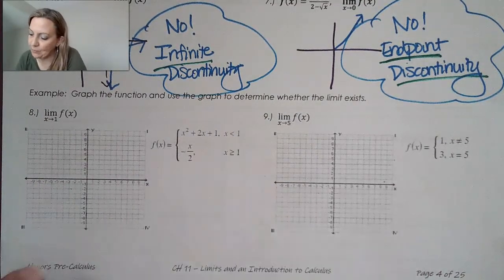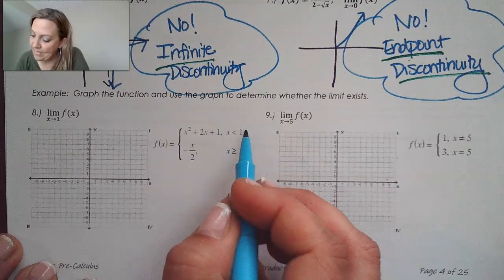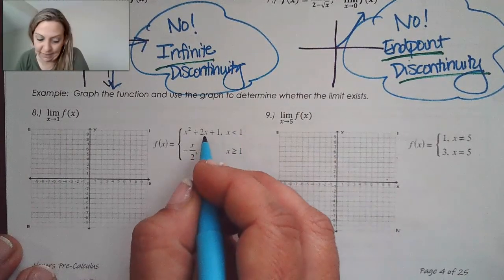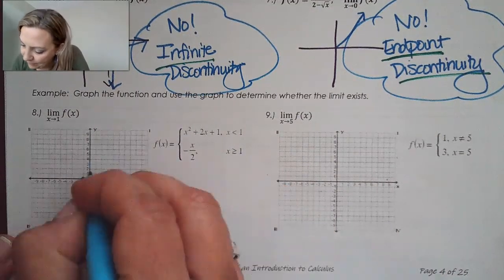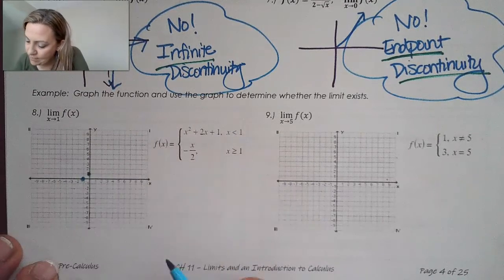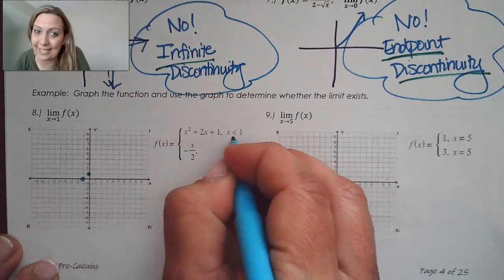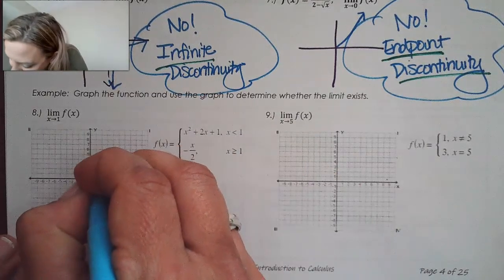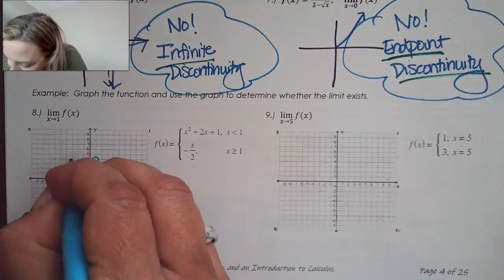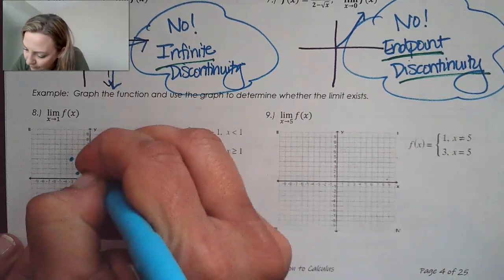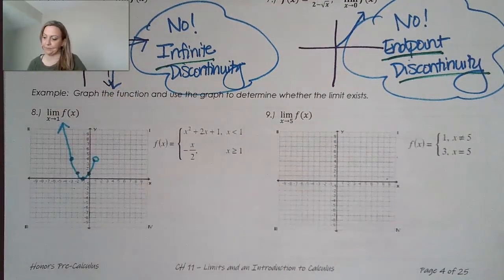So if I graph x squared plus 2x plus 1 when x is less than 1, this is going to have a vertex at negative 1, 0. And then there's going to be a point at 0, 1, and then there'd be a point at 1, 4. But since x cannot equal 1, that'll be an open circle. And then let me use my symmetry to graph the other pieces. So this would be that part of that graph.